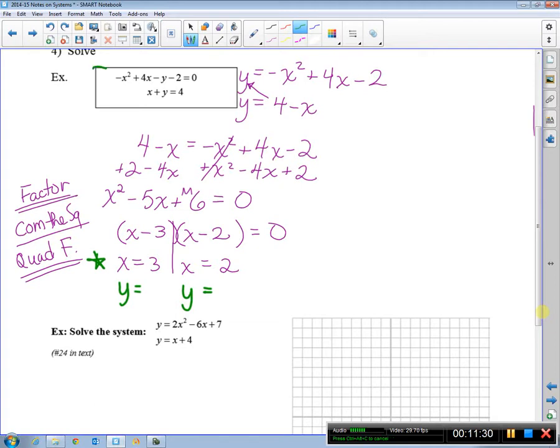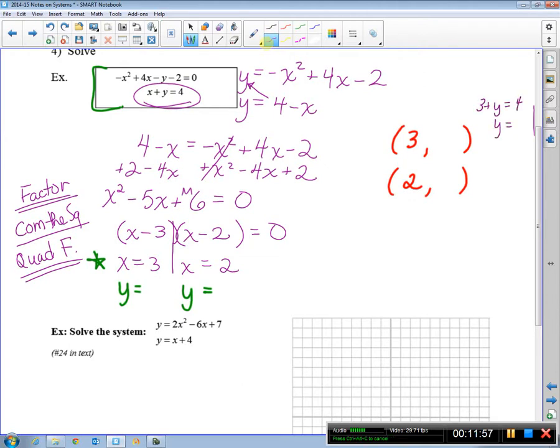When you have a system, your solutions are the points of intersection, the coordinates. So we know we're going to have 3 something. We know we're going to have 2 something. We want to take these 2 values and put them back into one of the equations. I would use the easier, of course. So for the 3, we would have 3 plus y equals 4.